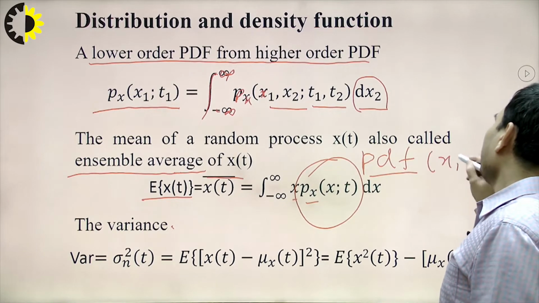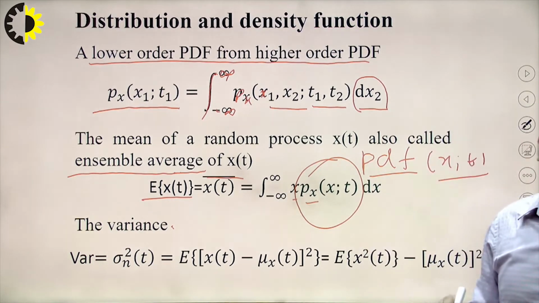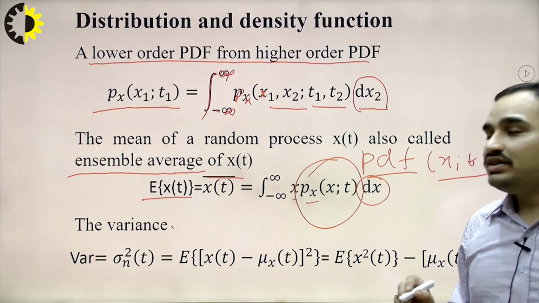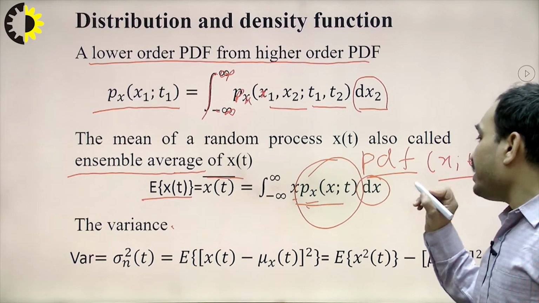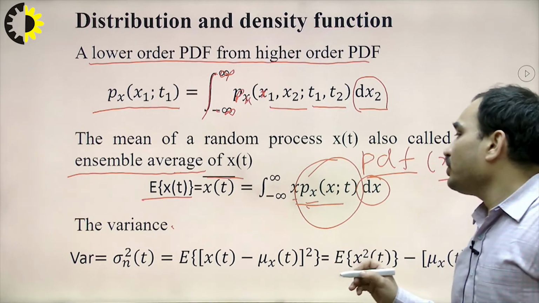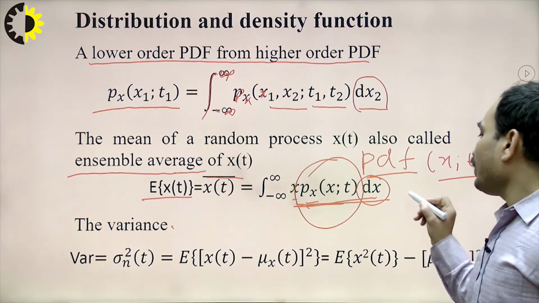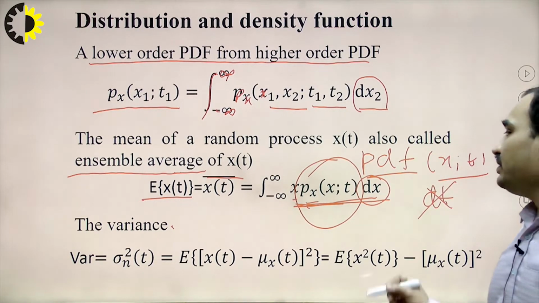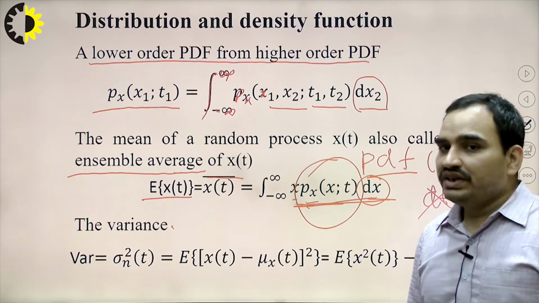We have to keep in mind that we are not integrating with respect to time, because this probability density function is a function of the random variable, and we are talking about a random process, not a time varying function. So we have to integrate with respect to dx, not dt, and the derivative should be for the random variable only.